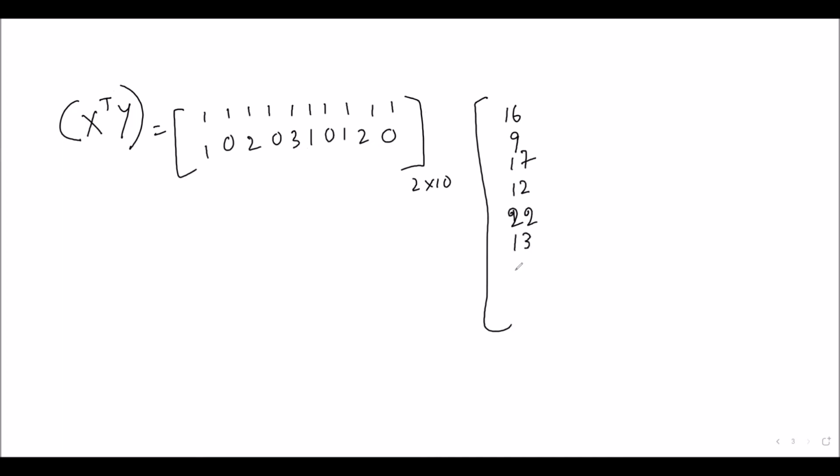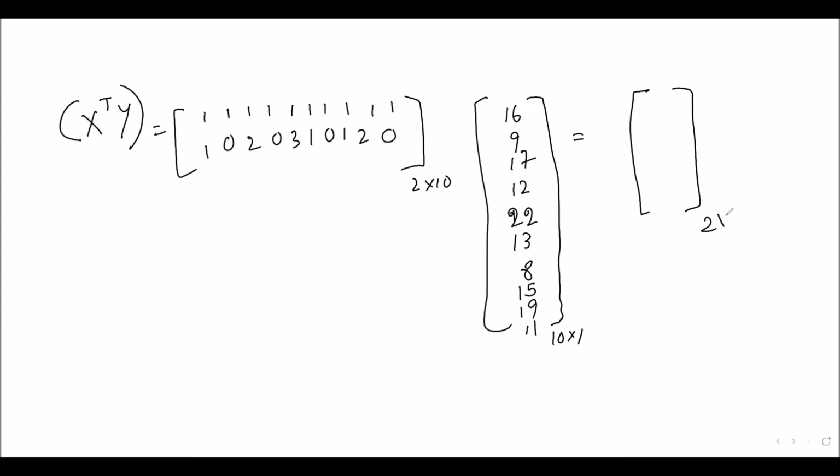I know you all know this, but you have to get used to doing these computations without making any mistakes, because a small mistake in one place will lead to huge errors. So this should actually be a 2 by 1 vector. 1 times this means you have to add all these.